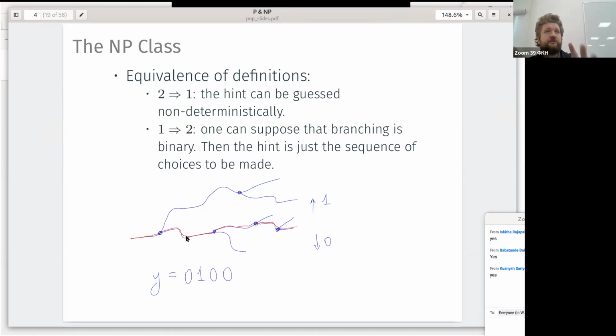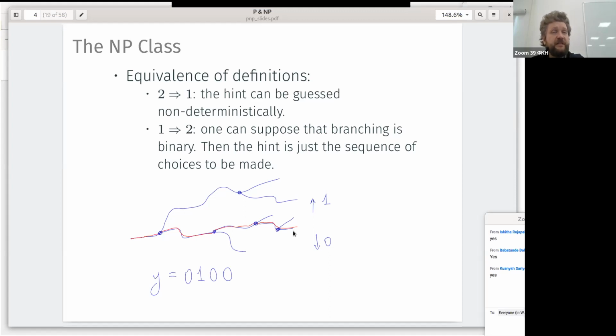So actually we have two choices. Let top be 1 and bottom be 0. If we choose to go up, we make it to the top, we write 1. And if we go down, we make choice 0. Now, the number of branching points at any path is polynomially bounded because our computation is polynomial.